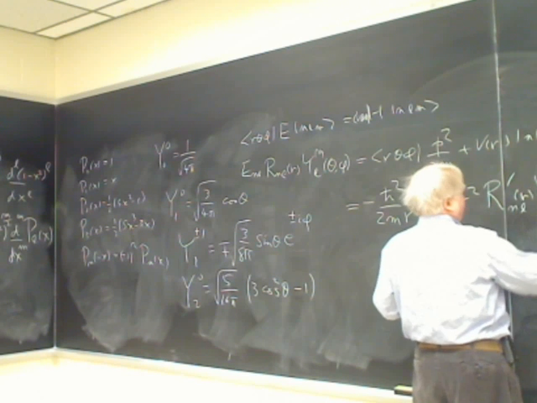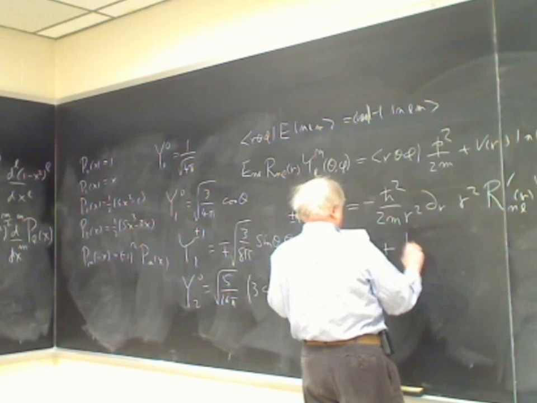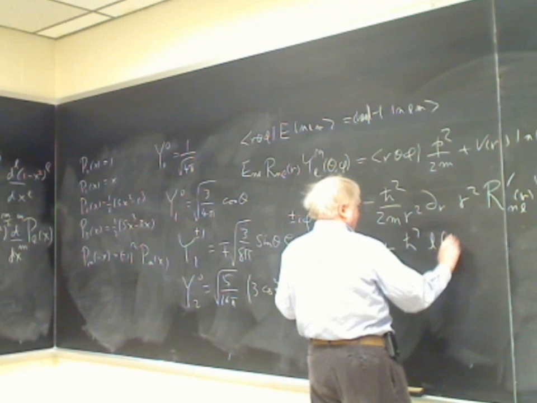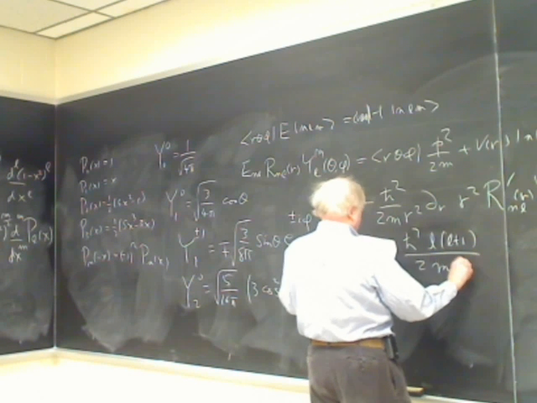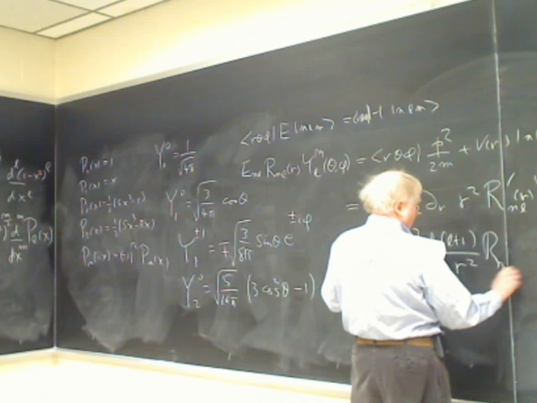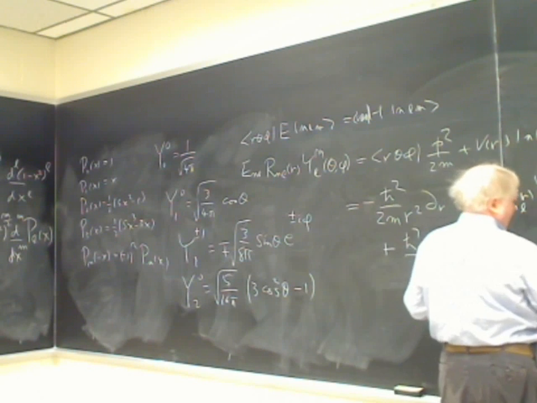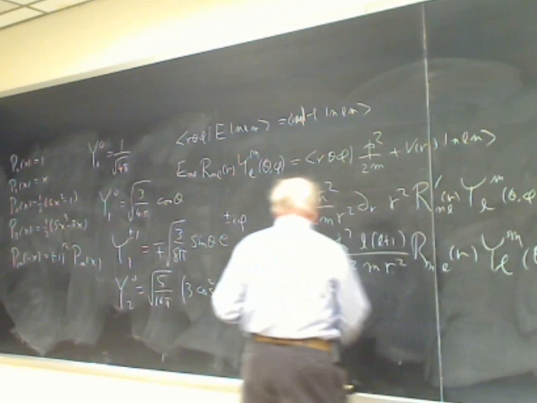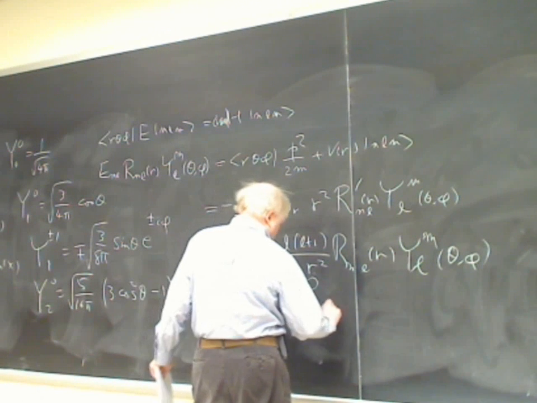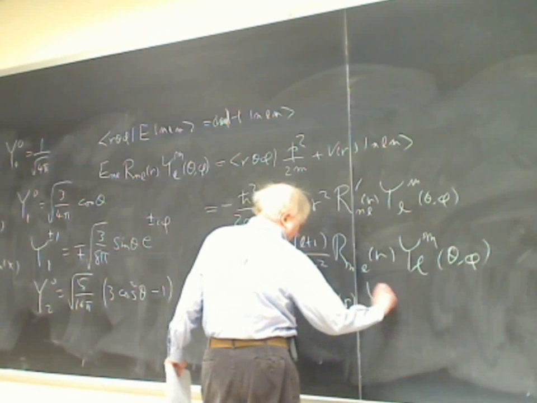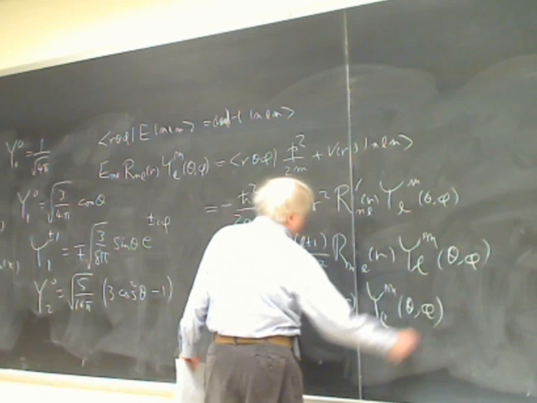This thing is a function of r, this thing is a function of theta and phi, and then plus h bar squared l(l plus 1) over 2m r squared, R_nl of r Y_lm theta phi, and then finally V of r times R_nl of r Y_lm theta phi.